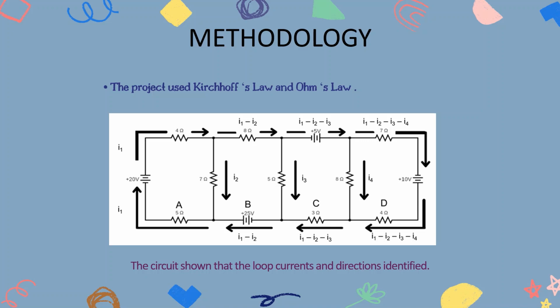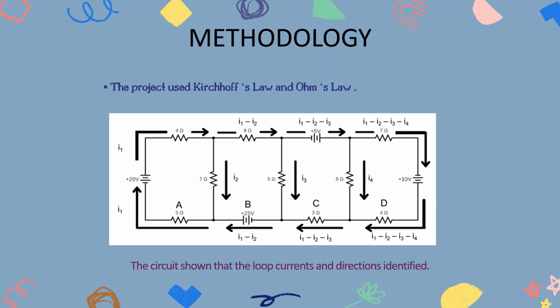This indicates that the sum of voltage sources must be equal to the sum of voltage drops around any path in a circuit. The other law, Ohm's law, says that the voltage or potential difference between two locations is directly proportional to the current and to the circuit resistance.